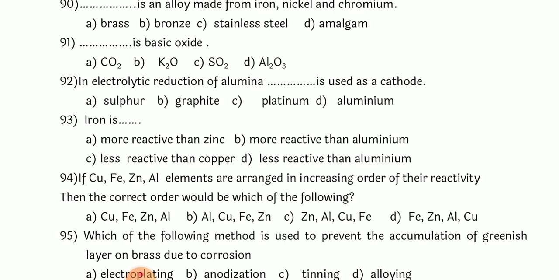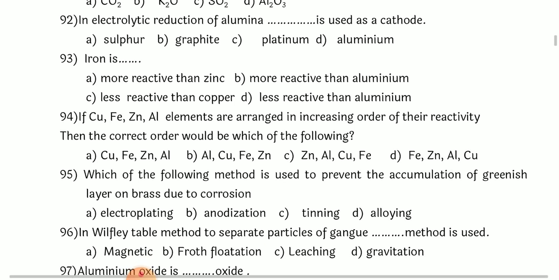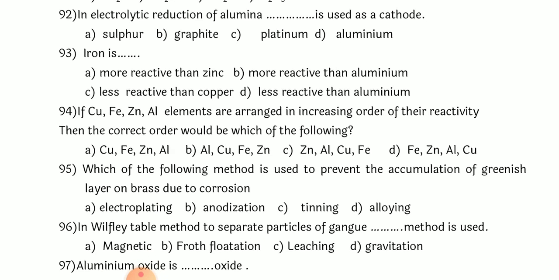94. If Cu, Fe, Zn, Al elements are arranged in the increasing order of their reactivity, then the correct order would be which of the following? See, if you remember, we have placed these beakers of copper sulfate, zinc sulfate, iron sulfate, aluminium sulfate. Do you remember how those beakers were placed in the reactivity series?